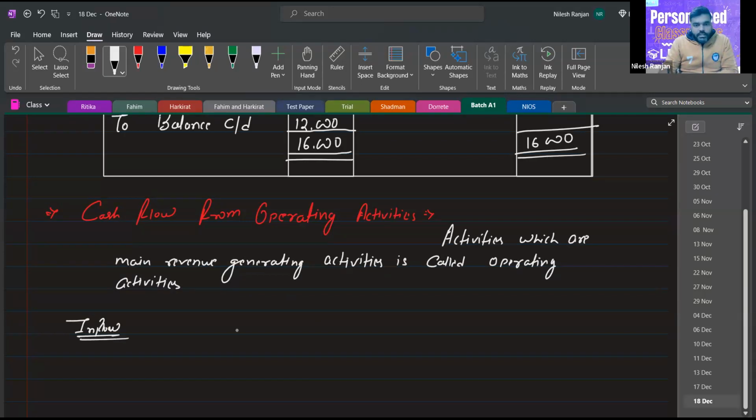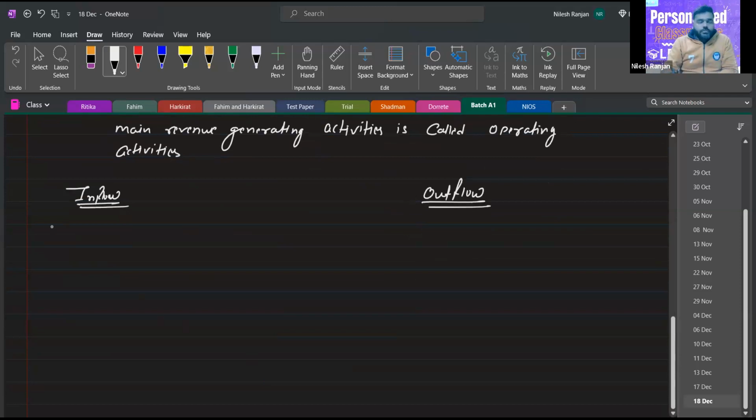Okay, do you know one thing, that in this part there are two methods to prepare the cash flow from operating activities? Anyone know? Sir, do you know that we have two methods for preparation of cash flow from operating activities?